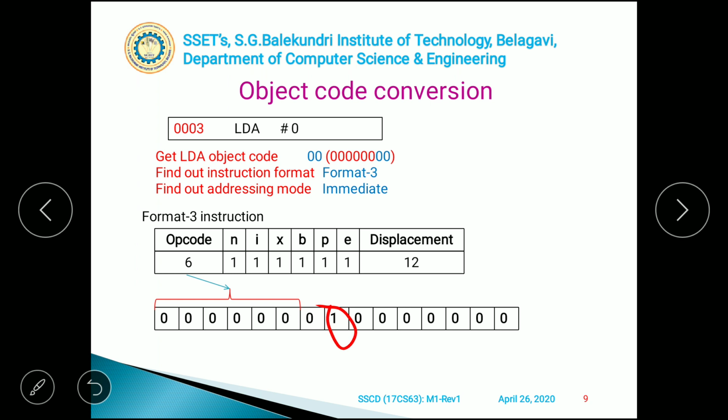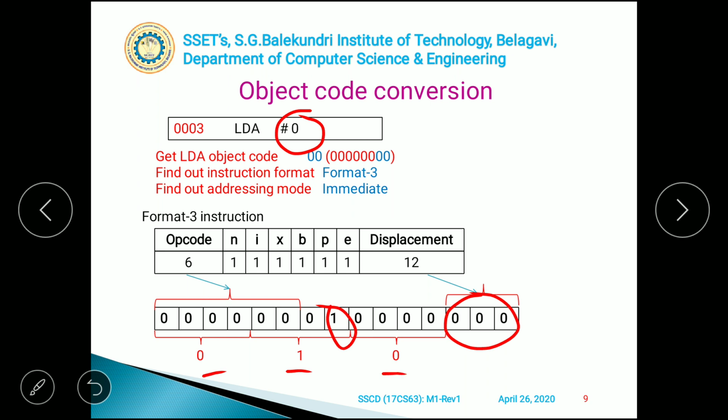Okay, and then here what is the operand given here, it is given as 0. So it means it's an immediate addressing, but the value is given as 0. So that's what the last 12 bits are going to be represented with, again 0. That is, the displacement itself is the value, correct. Now the first 4 bits are going to be 0, and the next 4 bits are going to be 1, and after that again the next 4 bits are going to be 0.